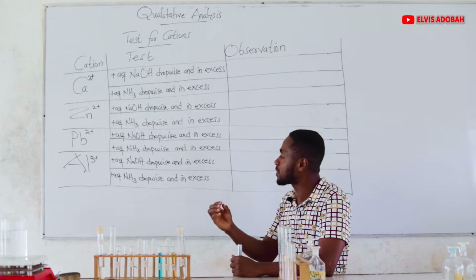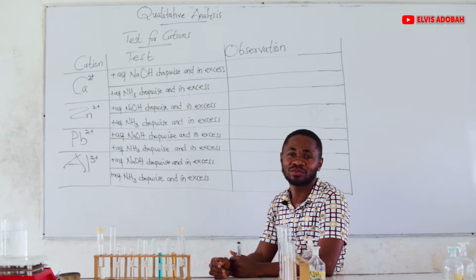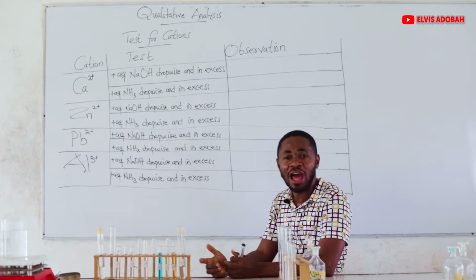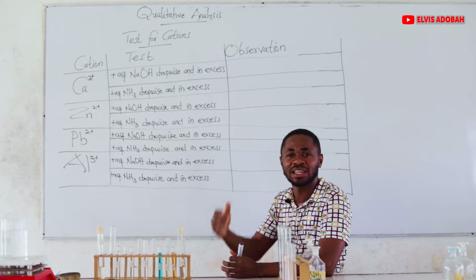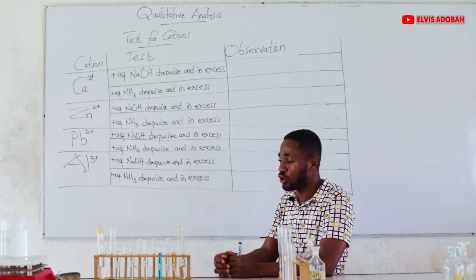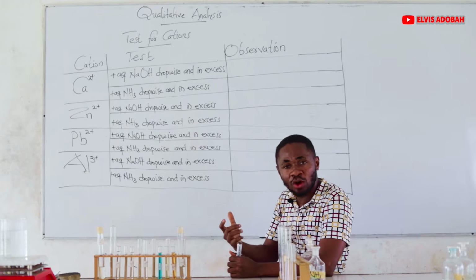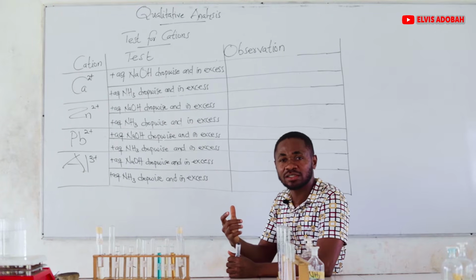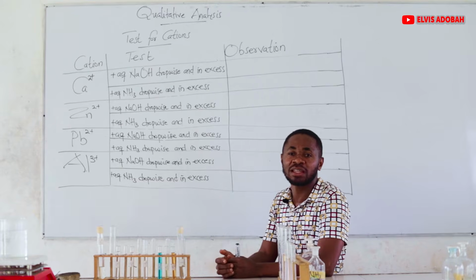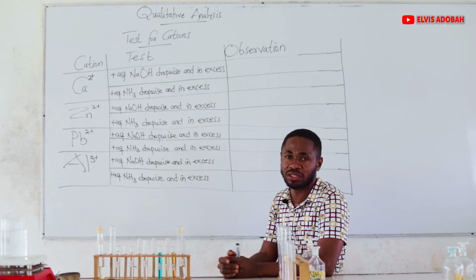We are going to take about 7 cations. Then we'll talk about how to test for these cations, what we are going to use as our reagent, and the results that we expect to obtain after adding each of the reagents to our sample.